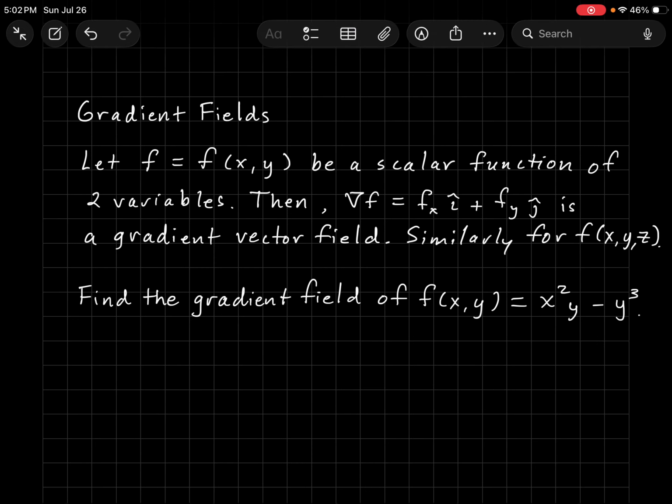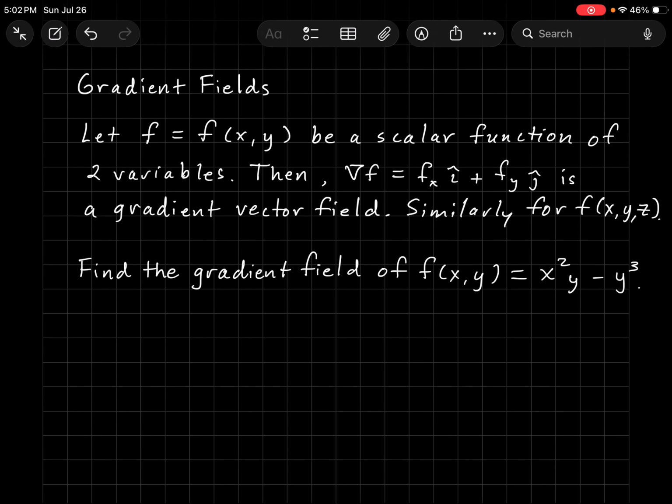But let's look at another definition, just very briefly. Let f be a function of xy. That is, it's a scalar output or scalar valued function of two variables, or we could do more variables if we needed to. Then the gradient of f, f sub x i plus f sub y j, is a gradient vector field. Okay, let's just do one quick gradient vector field.